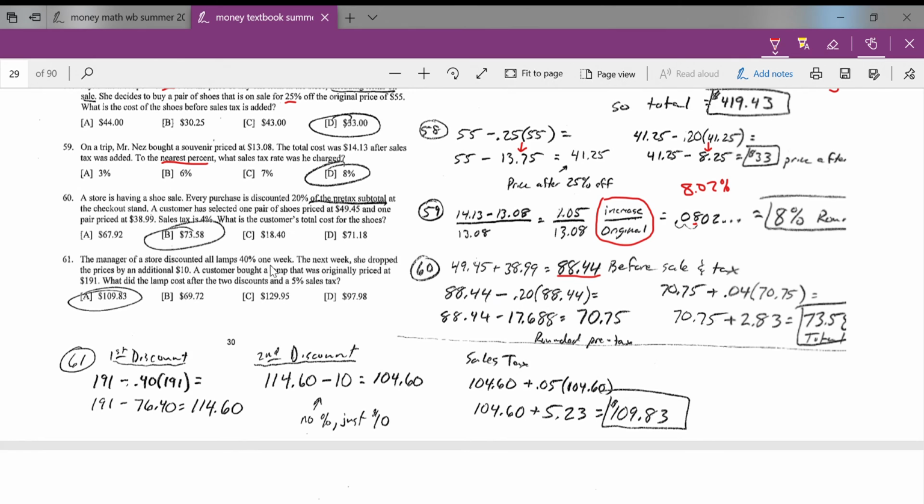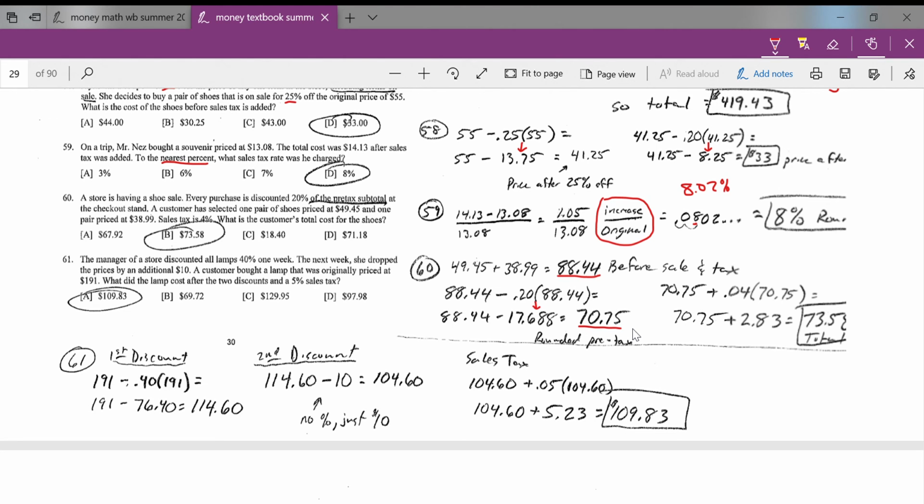So we move that over twice, 0.2 times the $88.44. Multiply that, we get almost between $17 and $18 in a discount. We subtract and round, and the sales price then is $70.75.